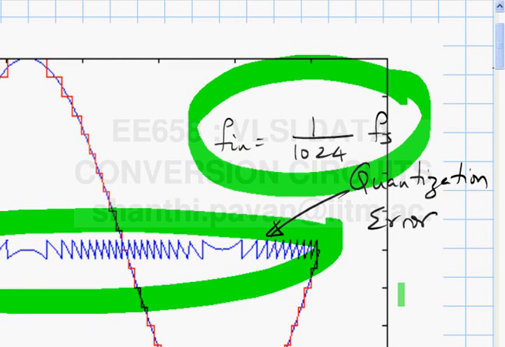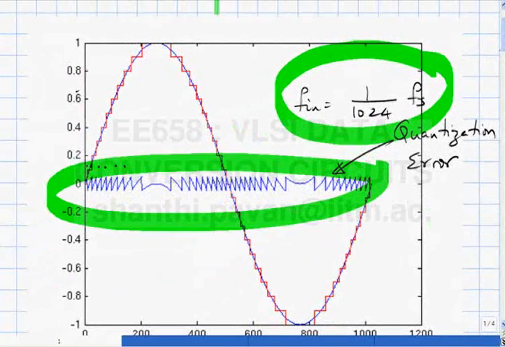In MATLAB I can't have continuous time, so you choose a frequency which is low enough. In this particular example, I've chosen Fn is Fs by 1024, and I've taken this discrete time sine wave and computed the coefficients of the discrete Fourier series of the sine wave as well as its quantized counterpart.